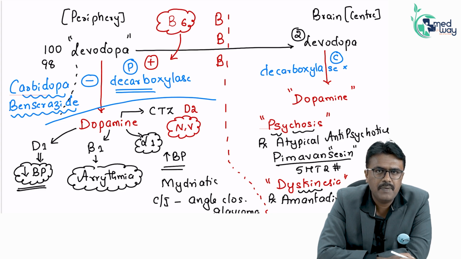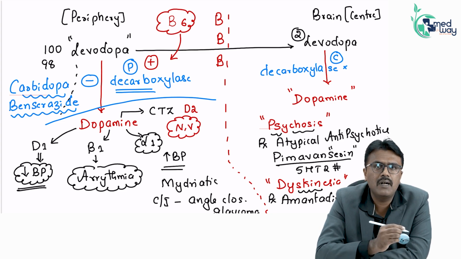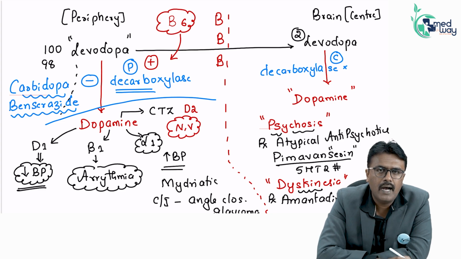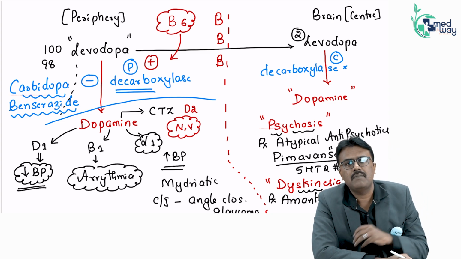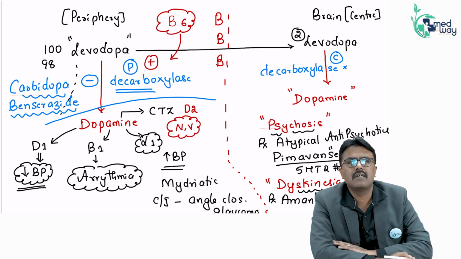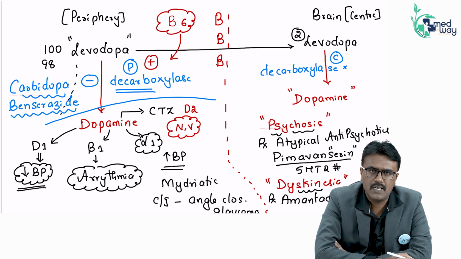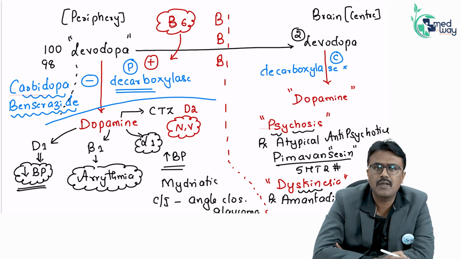Suppose an elderly patient with Parkinson's disease is on levodopa, and he goes to a general practitioner and says, I am having tiredness. He will give multivitamin capsules, which contain pyridoxine, and after some days the effect of levodopa decreases. Then the patient may develop symptoms of Parkinson's disease; tremors, rigidity and bradykinesia may worsen. So this is one interaction they can ask you in the exams.